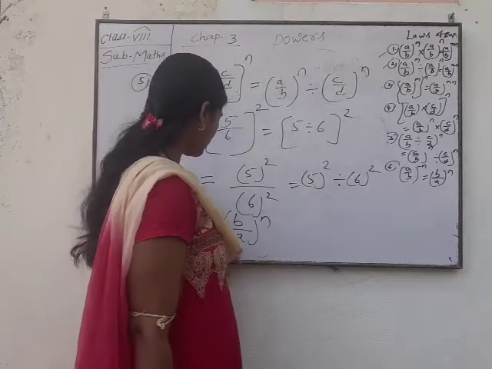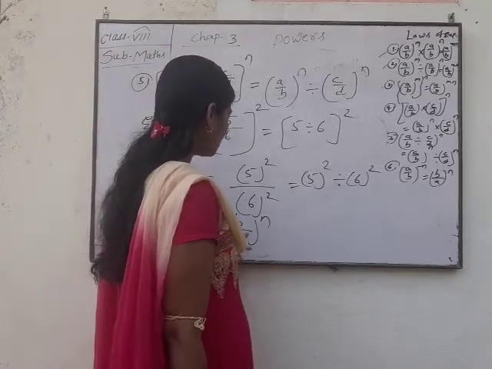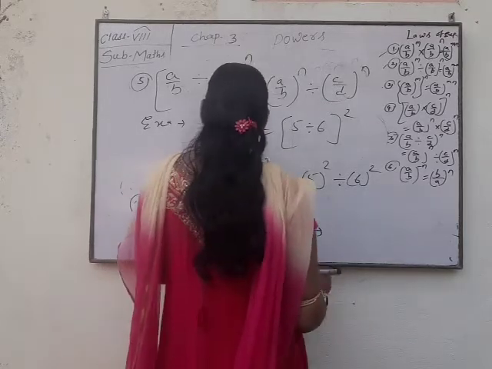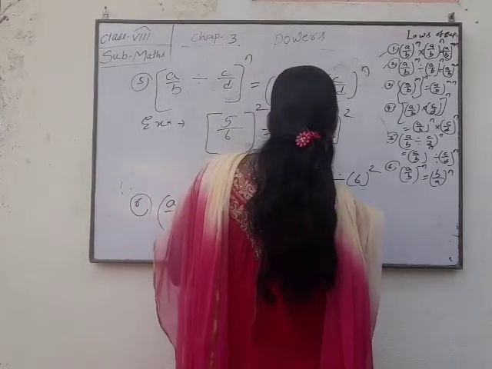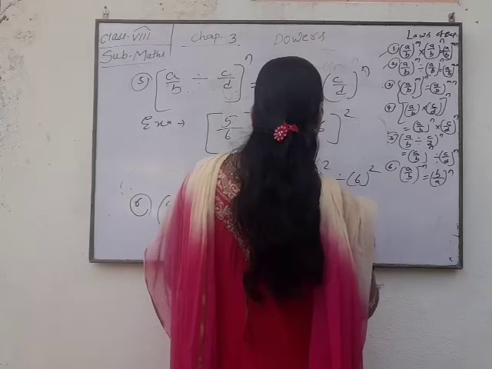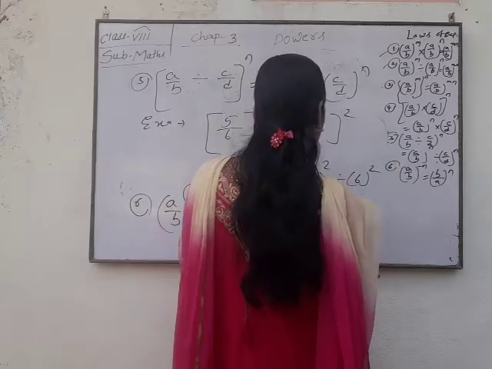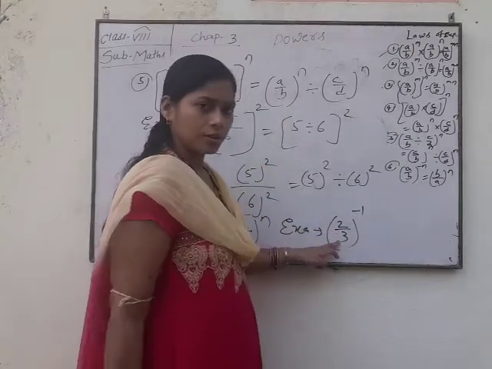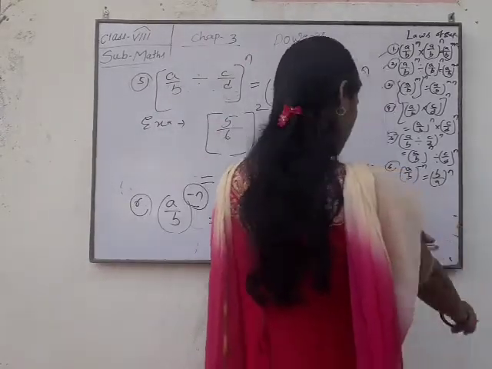So your result is b by a to the power n. How? Now look here. 2 by 3 to the power, suppose minus 1. 2 by 3 whole to the power minus 1.